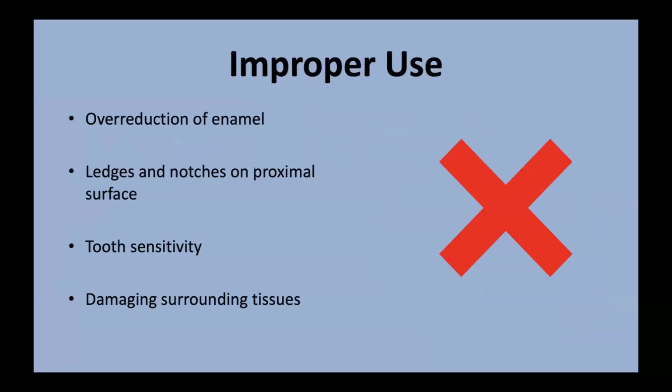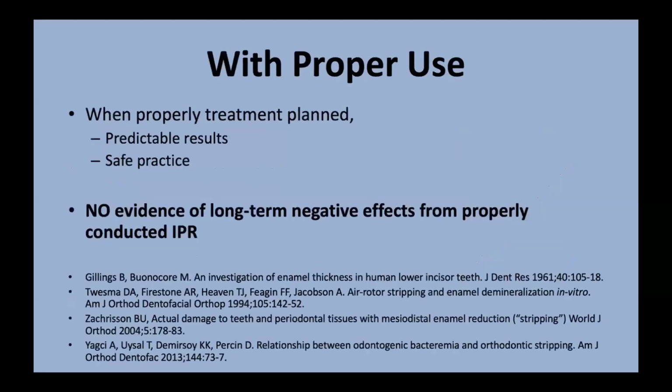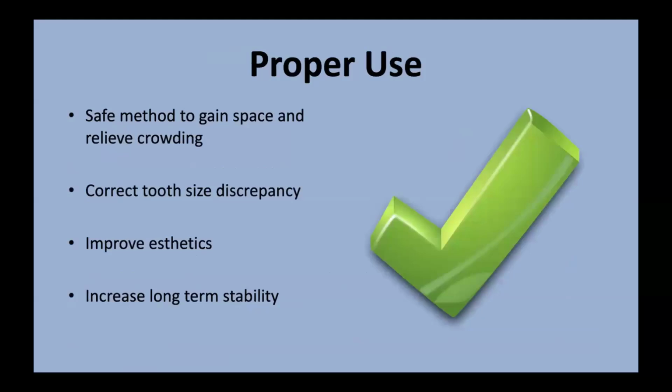If you take off too much and cause tooth sensitivity, that is not advised. And you never want to damage any of the surrounding tissues, like the gingiva or the lips, or lacerate anything. So with proper use and properly treatment planned, we can have predictable results that are safe. And there is no evidence of long-term negative effects when properly done.